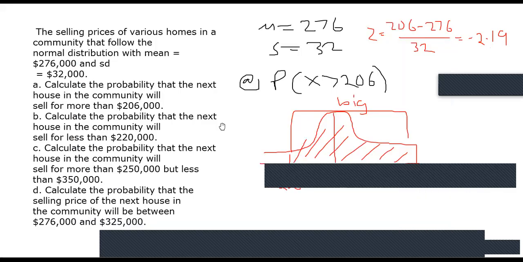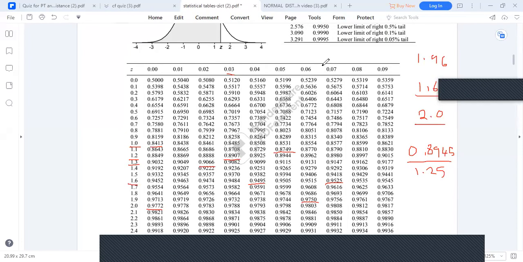We'll go to our table. Make sure you know how to read the tables. That's the first thing I taught. Tell me what's the reading for 2.19, Grace? 2.19 is 0.9857, that is 98.57.